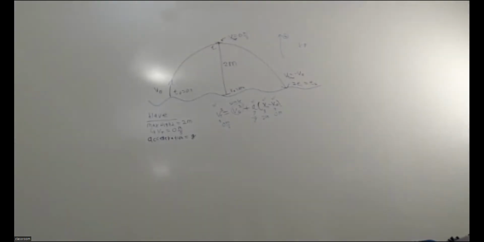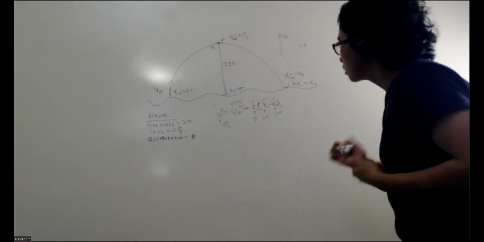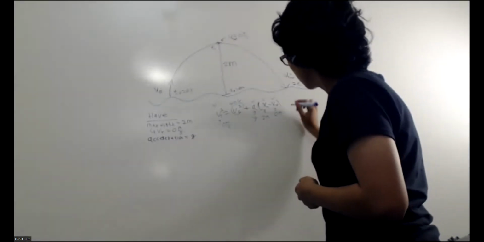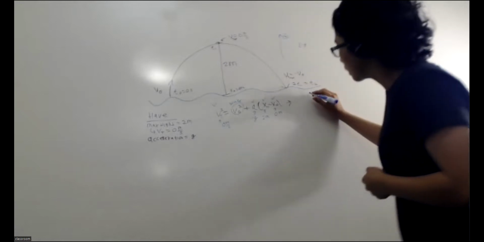So then we can either plug it in straight and solve it from there, or I like to do it with symbols first. So we're just going to move the A delta X over.